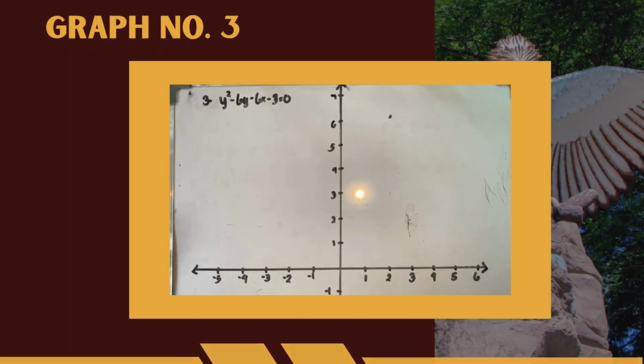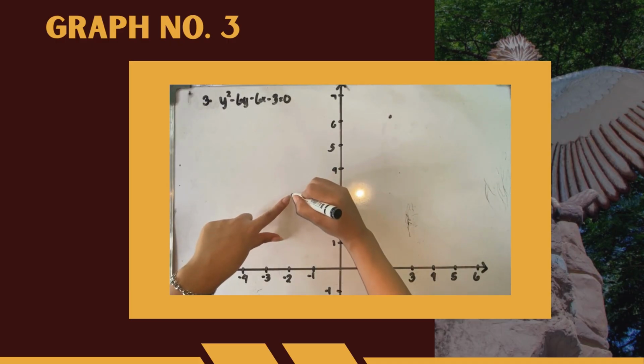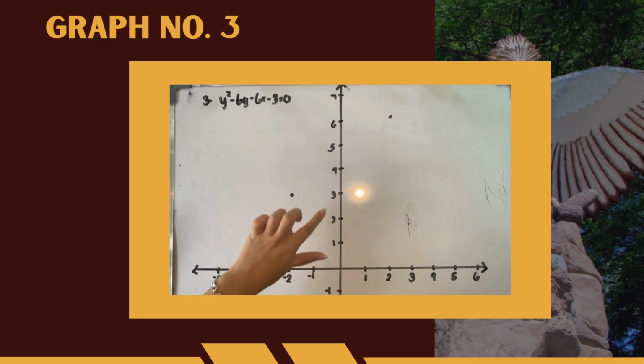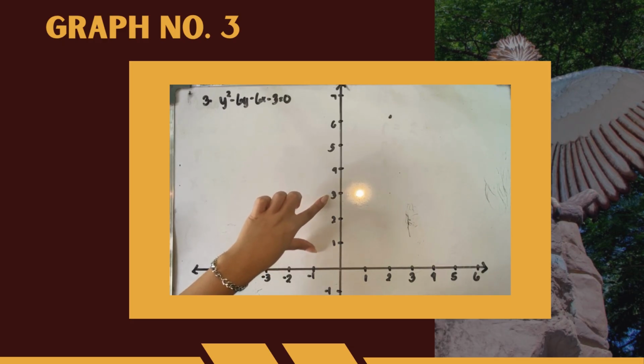This is the graph for number 3. So our vertex there is negative 2 and 3, so negative 2 and 3 here. And our focus is negative 1 half and 3, so negative 1 half and 3 here.